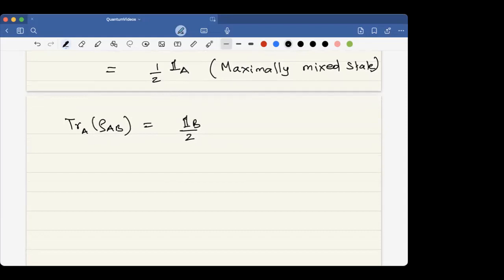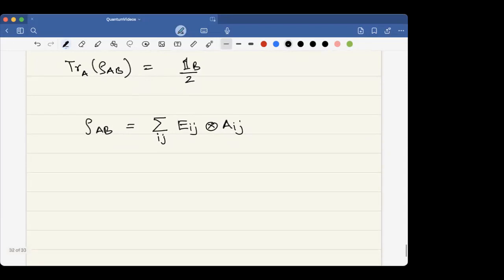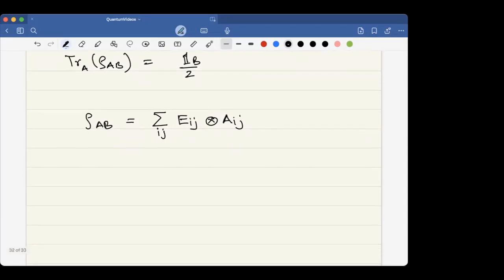So if I have a state rho AB, then I can always write this as a summation over i, j of E_ij tensor A_ij. For example, suppose I have a density matrix in C2 tensor C2, then it will be a 4 cross 4 matrix.